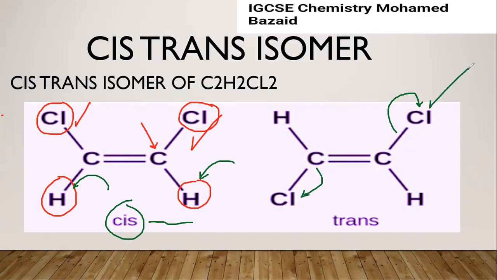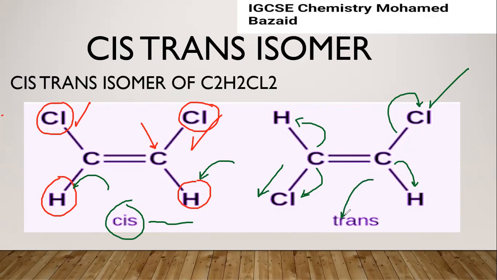One chlorine up, one chlorine down, so opposite direction. Even the hydrogen here is down and the hydrogen here is up, so opposite direction. When the same connections are in opposite directions, this is called trans isomer.